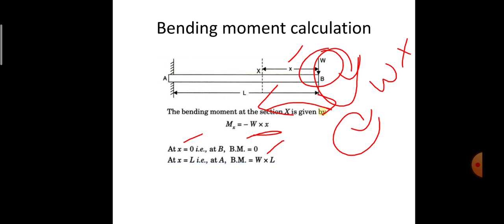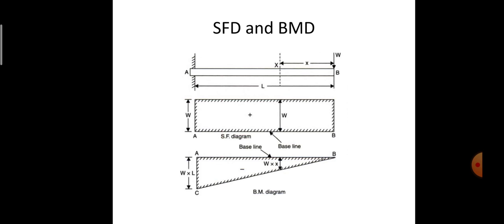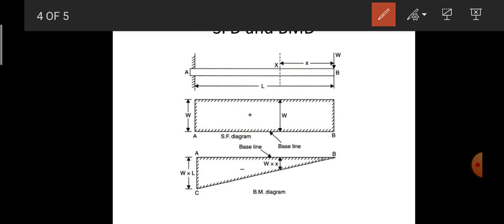Now coming on to drawing the shear force and bending moment diagrams. As in the case of the shear force diagram, we need to first draw the baseline. As we noticed, the shear force at all the points is the same, so the diagram will remain constant.